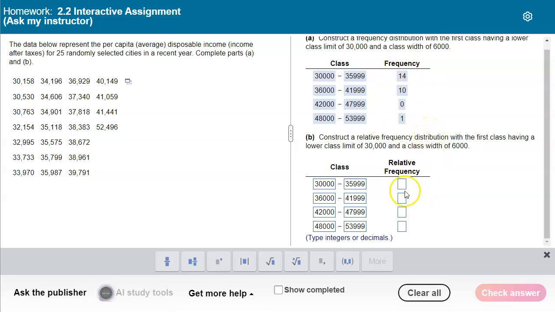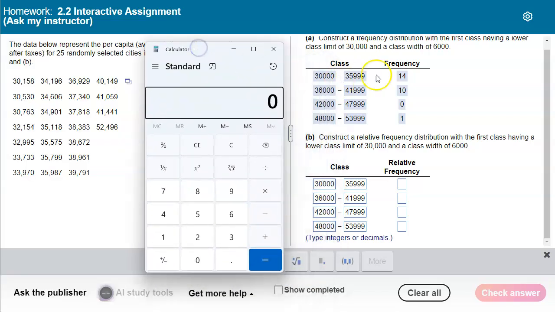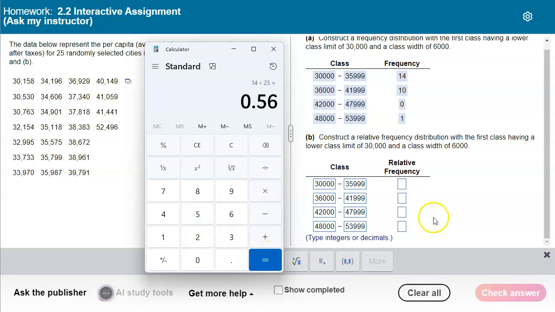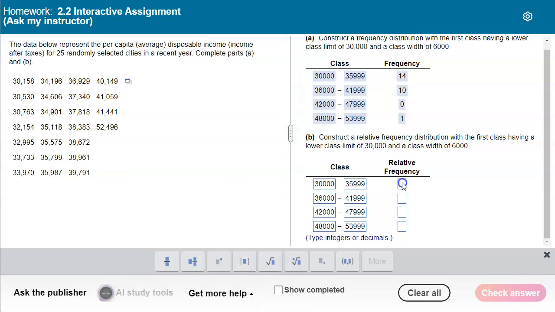So to get that relative frequency, I first need to find how many total pieces of data were there. I could either add up all the frequencies, or I could come back up here inside my problem. I was told that there were 25 pieces of data. Now I'm going to take each frequency and divide it by the total. So 14 divided by 25, and I'll type that relative frequency here.